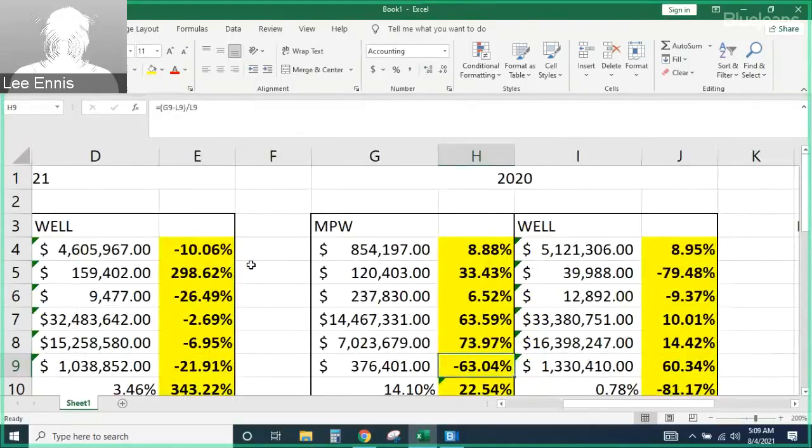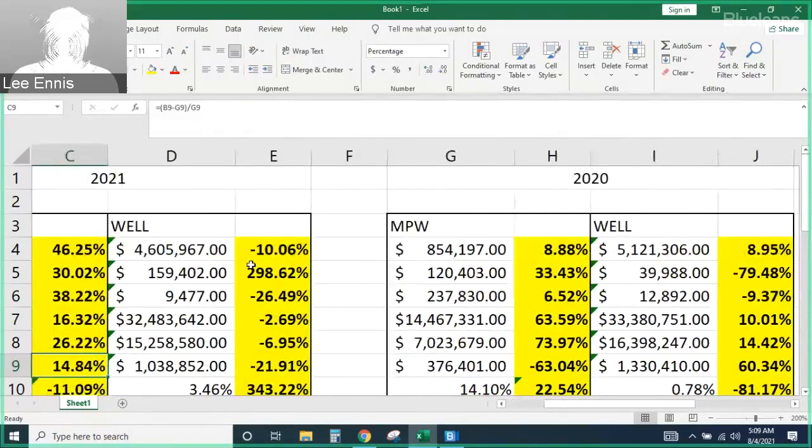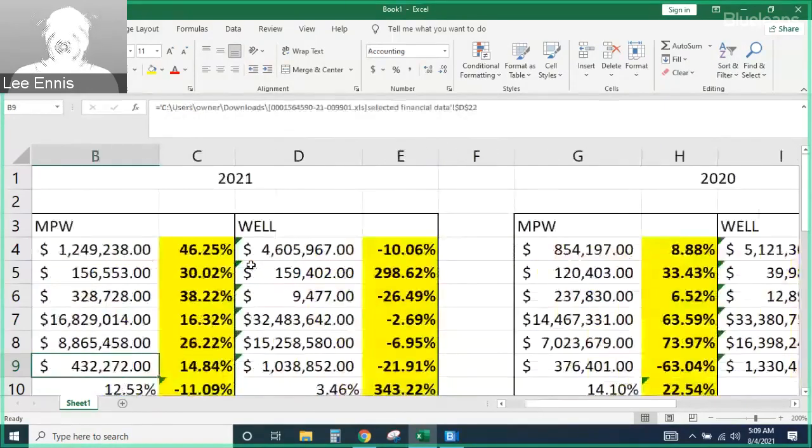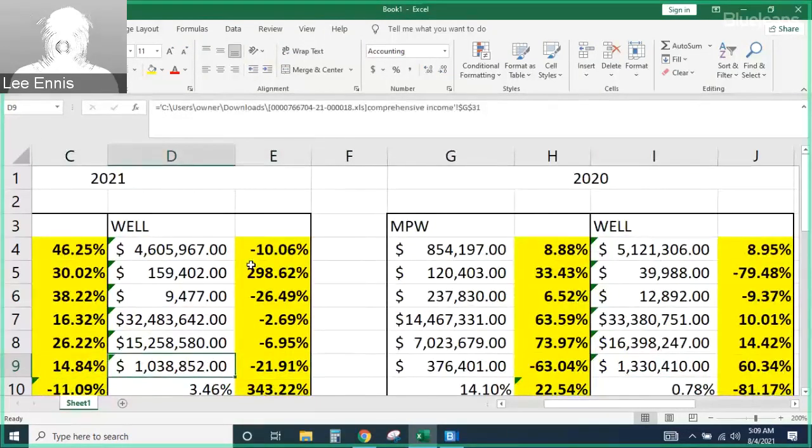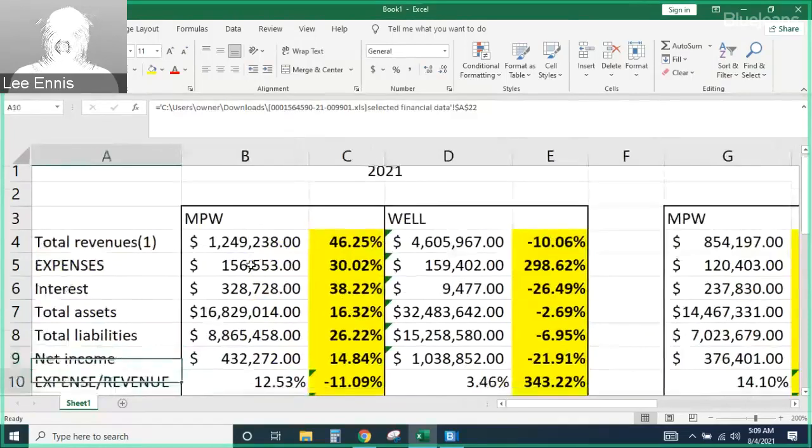So this, for me, is basically a wash, right? So in 2020, you have MPW and Welltower basically opposite each other as far as net income. And then the same thing happens in 2021. Difference being, though, that MPW seems to lose just a bit more than Welltower, 63 versus, and then 14 versus 21. All right, so these are our ratios.